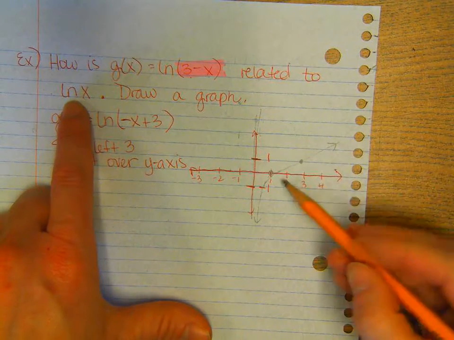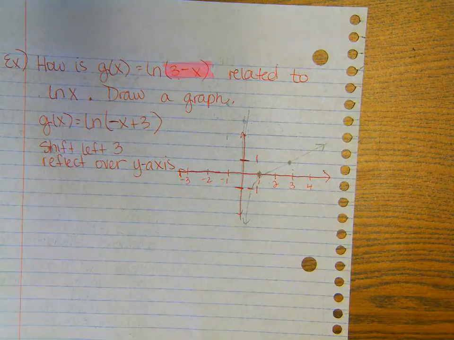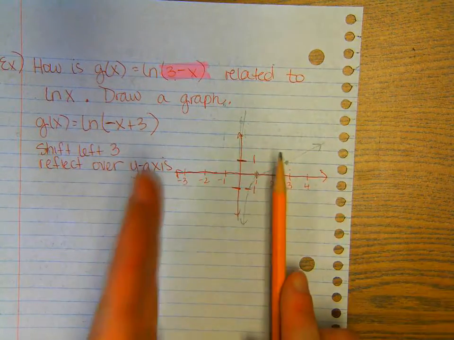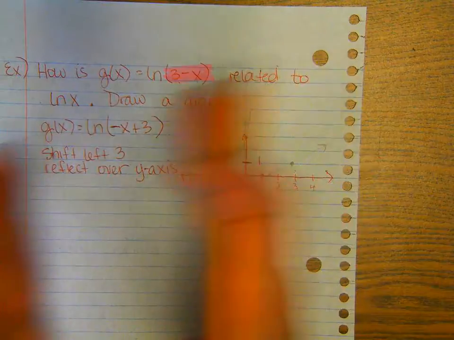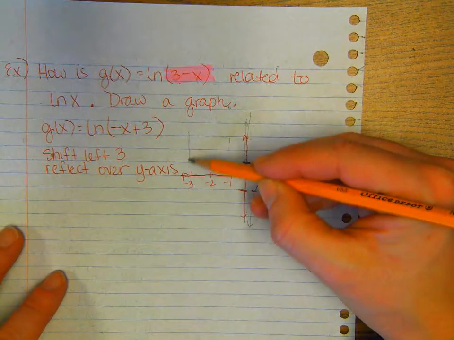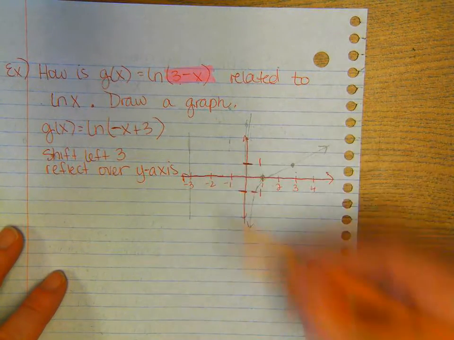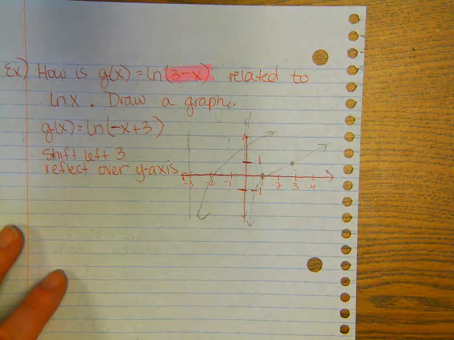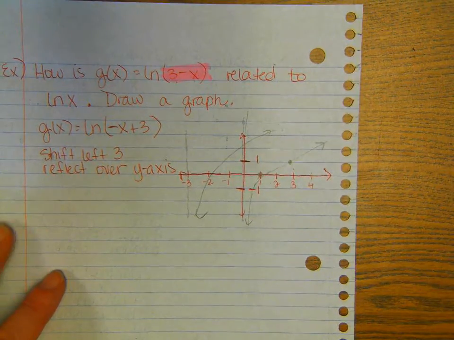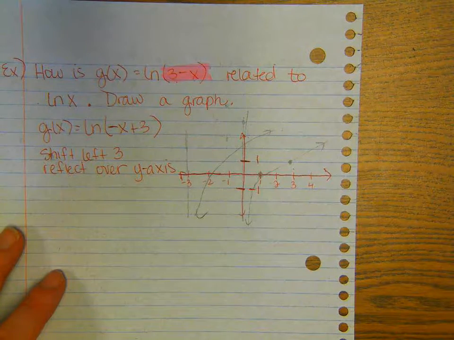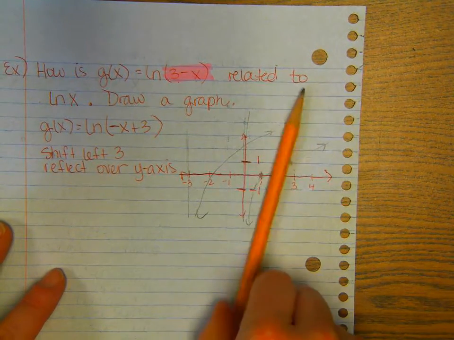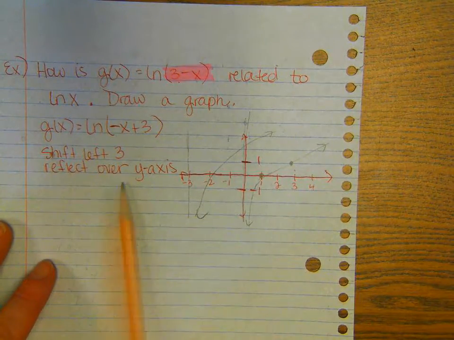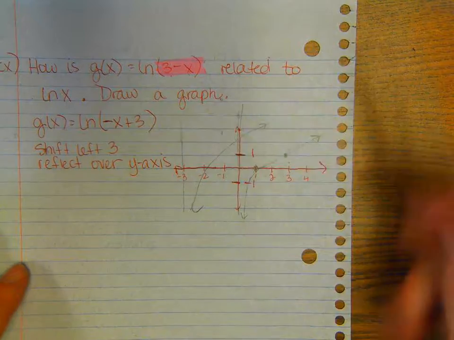All right, so if I shifted it left 3, does it make sense that it's almost like this whole thing shifts over? Do you see how it would go like this now instead? Does that make sense what I just did? I move the asymptote over, I move my 2 points over. Okay, good. Now, what happens when I reflect that over the y-axis? Well, let's do it. Reflect this line over the y-axis.